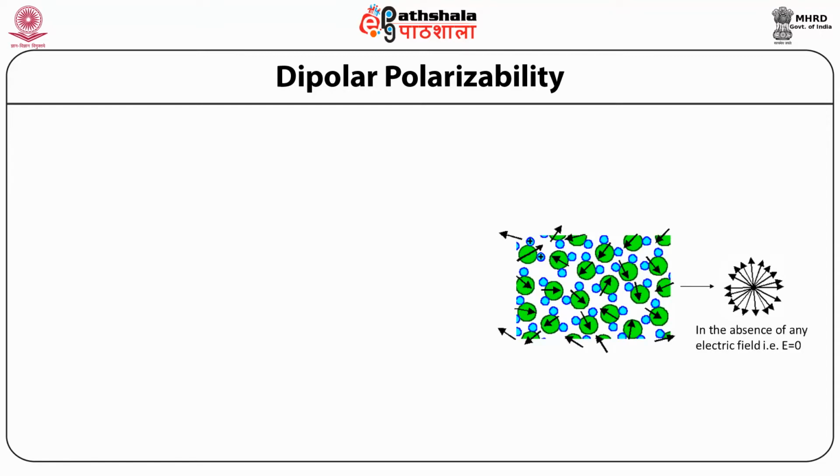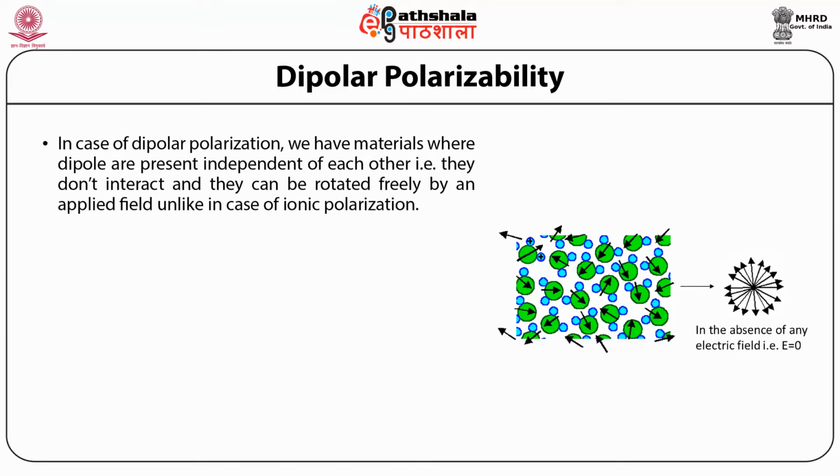Now comes dipolar polarizability, or we can call it orientation polarization. In the case of dipolar polarization, we have materials where dipoles are present independent of each other. That is, they don't interact and they can be rotated freely by an applied field, unlike in the case of ionic polarization.